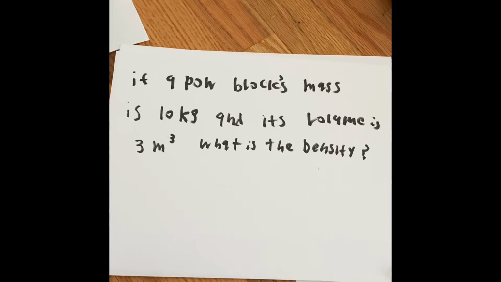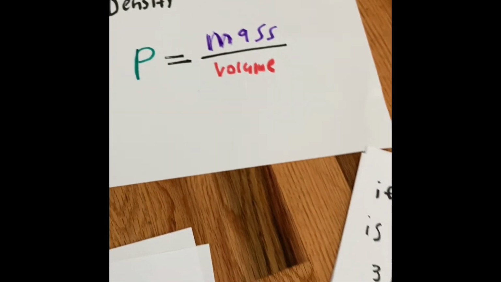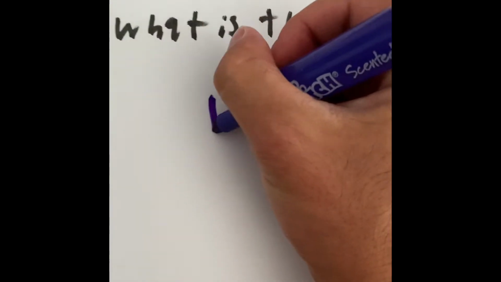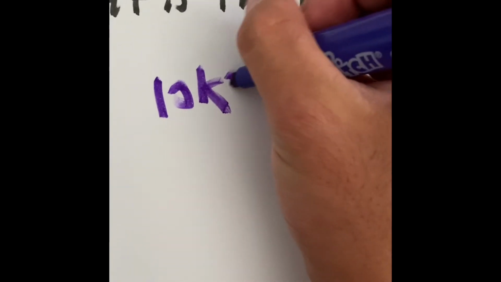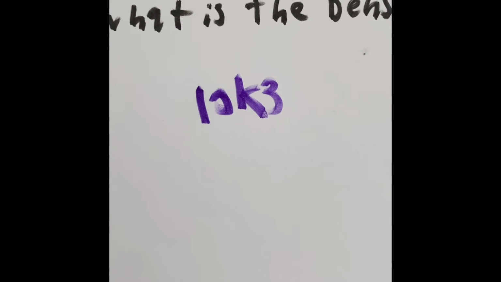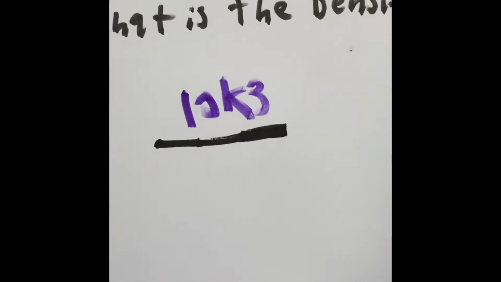Well, we can apply the formula to find the density. We're going to use the mass as 10 kilograms, and we have to divide that by the volume, which is 3 meters cubed.